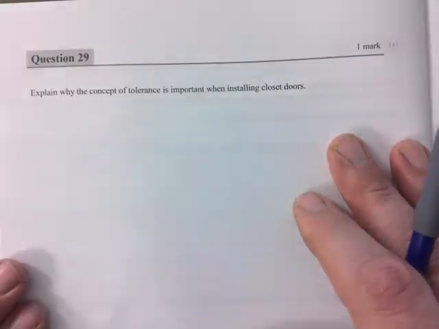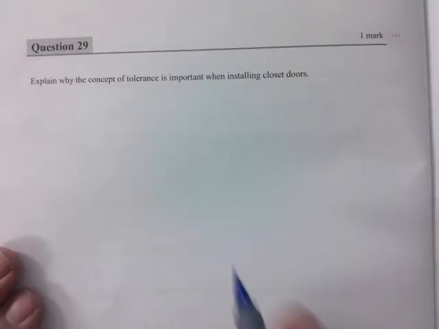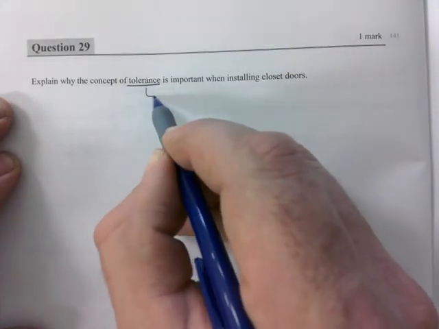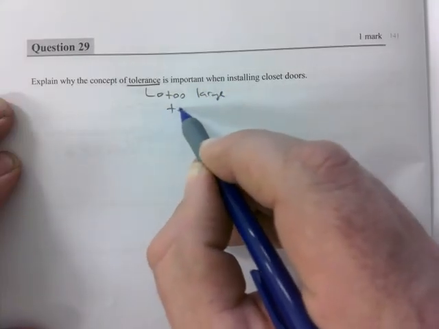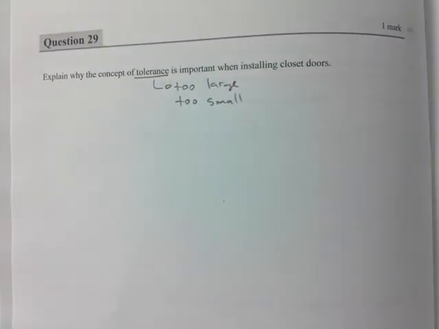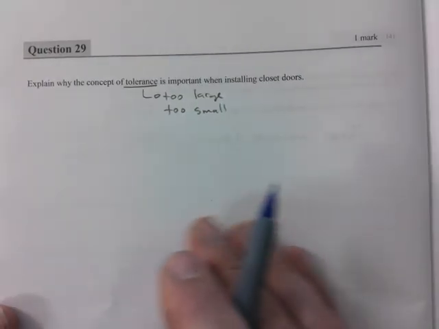Explain why the concept of tolerance is important when installing closet doors. You want to use too large or too small, either or. When it's temperatures, what happens when it's too cold, what happens when it's too warm. So you want to talk about the extremes, what happens if you surpass it.